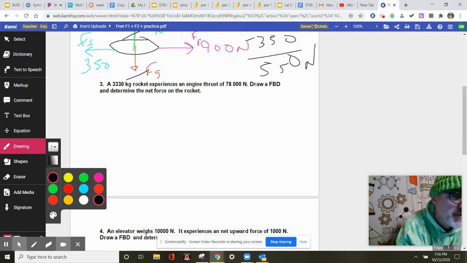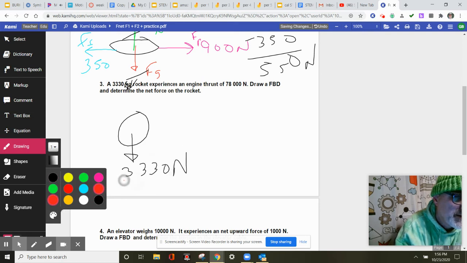All right, next we have a rocket, and it's experiencing an engine thrust of 78,000 newtons. Oh, this should be a newton here, not a kilogram. So the weight is 3330 newtons. That should be red. That's force of gravity. And the rocket force up is 78,000 newtons.